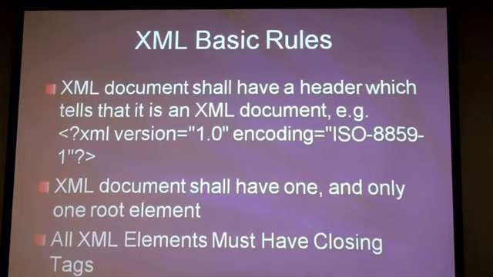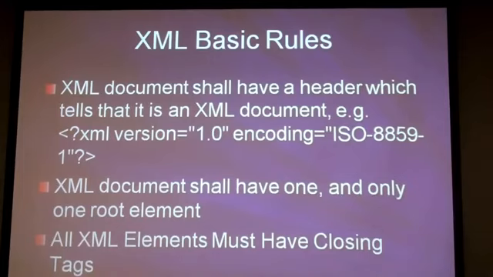If that's not the case, then this document is not good. So the very first line, the very first column, the character should be an angle bracket. After that, you should have this question mark and then xml, no spaces, and then a space and version. You specify the version of XML.